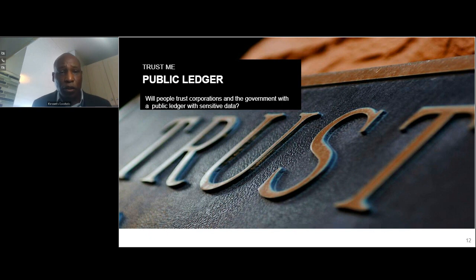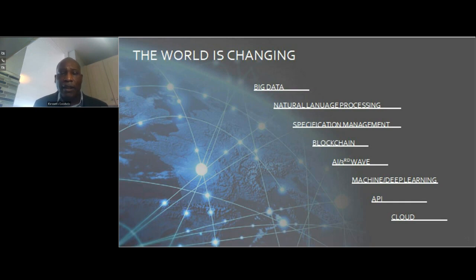So we talk about trust, right? The way I describe the blockchain, it's a distributed ledger technology network. The best way to look at it is as a public ledger. And the idea is how you're able to gain trust as you use this technology. Of course, what's going to lead to that is you're going to have sensitive data. That's the most important thing to think about.